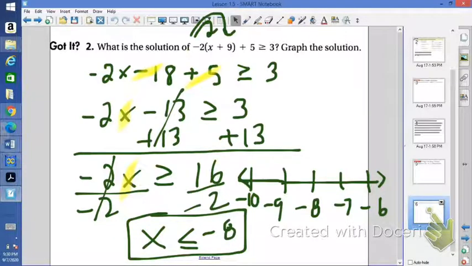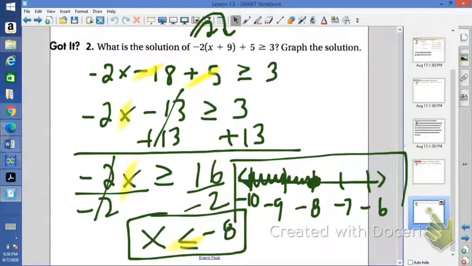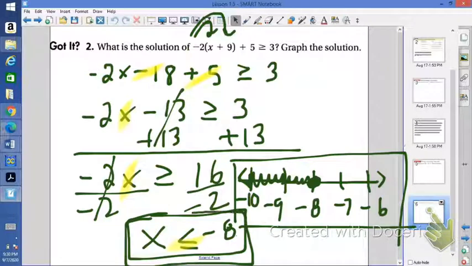On negative 8, I do a closed circle because it's less than or equal to. And then I'm going to shade to the left. Alright, so there's my solution as a graph, and here's my solution written as an inequality.